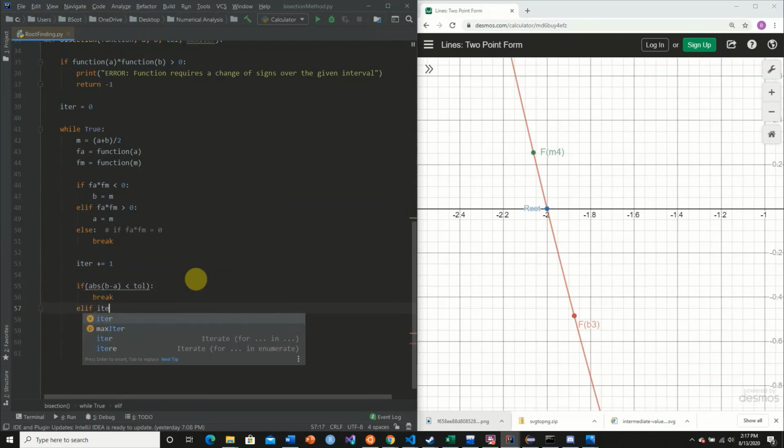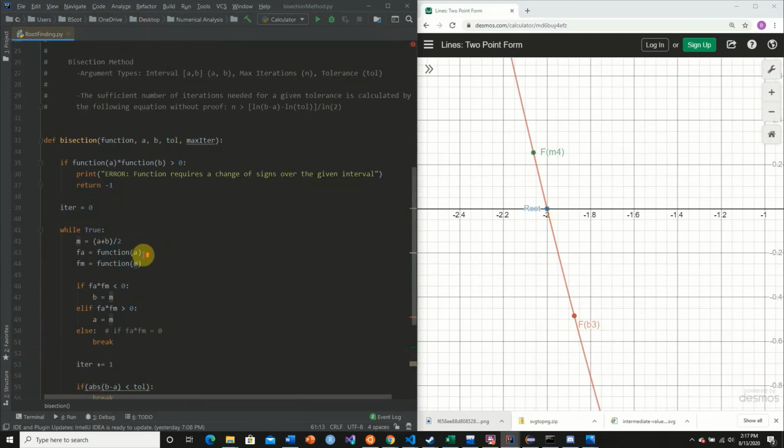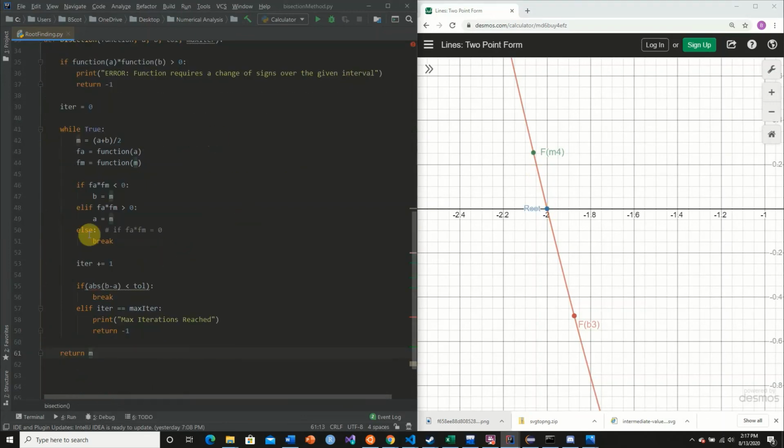Else, we need to check if our iterations has reached the maximum iteration count. We're going to print max iterations reached, return -1. And then we're going to return m, where m is going to be the value in between a and b. So there we have it, our simple bisection method.